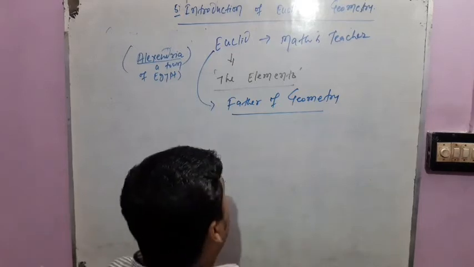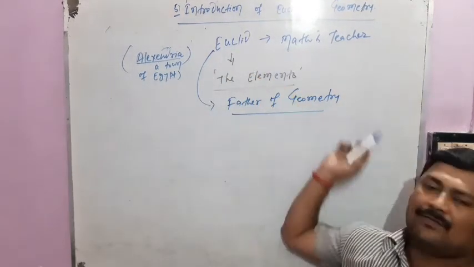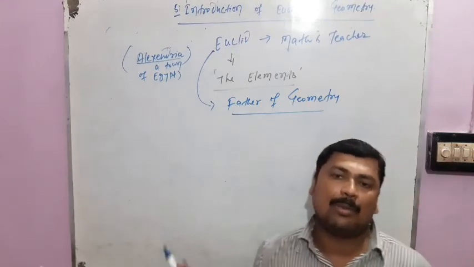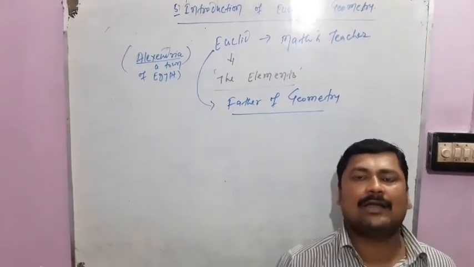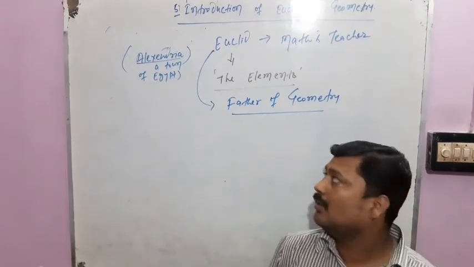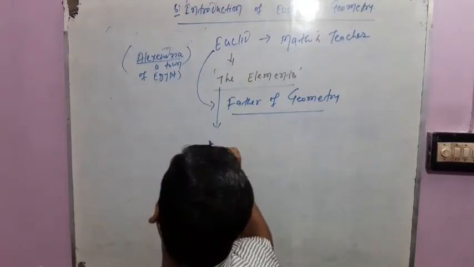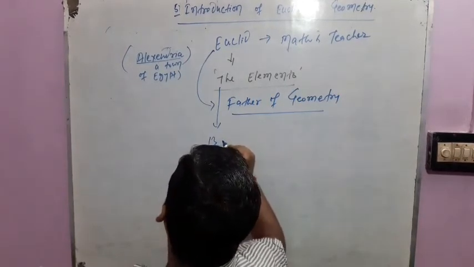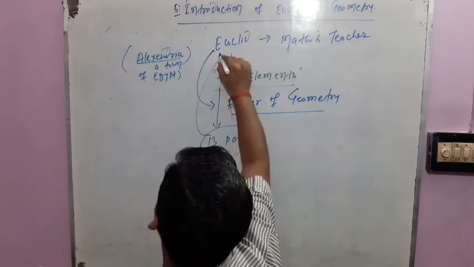Why is he known as the father of geometry? Because he was the first person who had written a book in the field of geometry. Nobody else before him had made such an effort. Okay. Now in this book, The Elements, there are 13 parts, total 13 parts. But all parts were not written by Euclid.